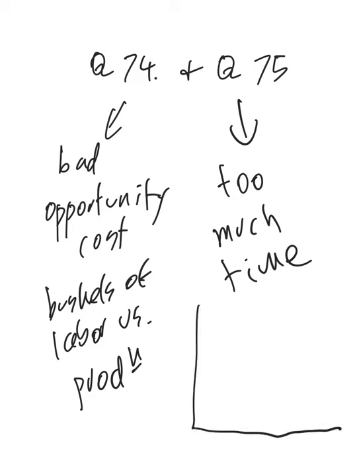Let me put both countries on the same diagram. If one country has a production possibility frontier like that, and the other country has a production possibility frontier like that, it happens that for the two countries to be able to agree on a trade where both will become better off, the terms of trade have to be somewhere in between those two slopes.